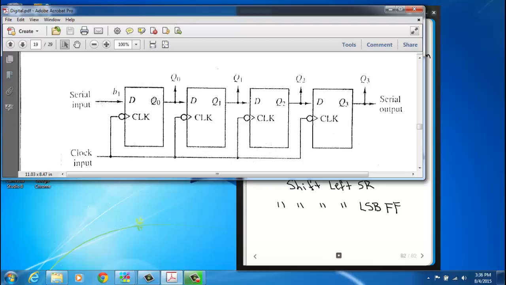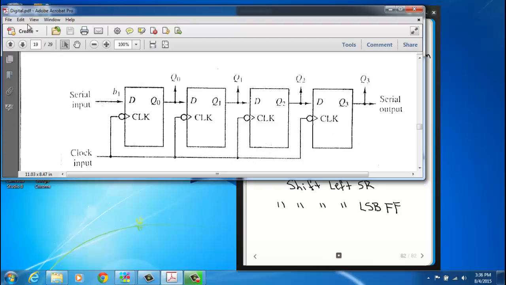And what's really important to understand is that it doesn't matter the orientation of the diagram or the physical register for that matter. Once we label this Q0 flip-flop as the most significant bit flip-flop, and that's where our serial input is, that makes this a shift right shift register.